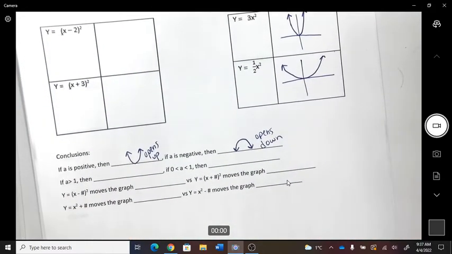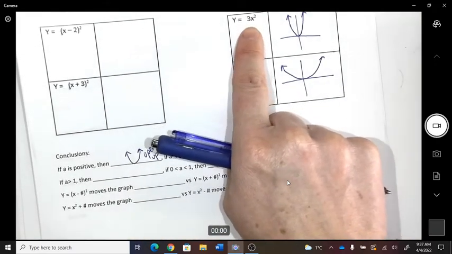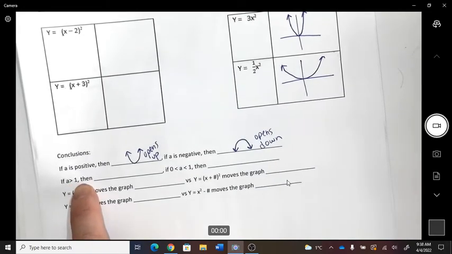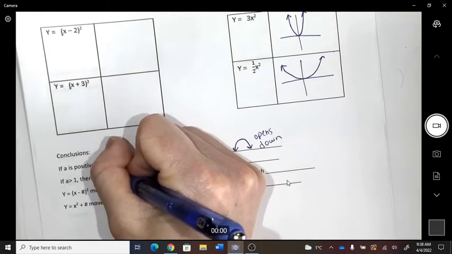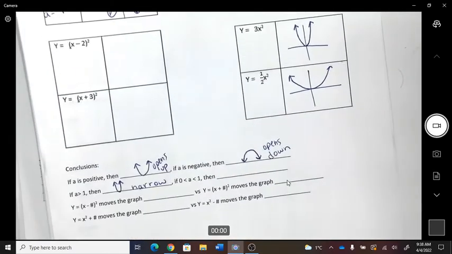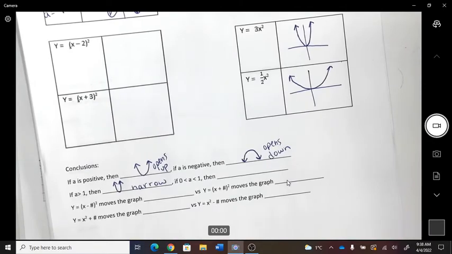Okay, so let's fill this out on the bottom here. If the A number, so A was the 3, if it is bigger than 1, then what's going to happen? It's going to narrow. Do you see how the arms of it went in? It went narrow.